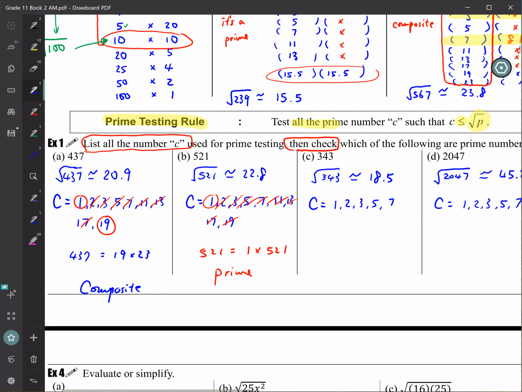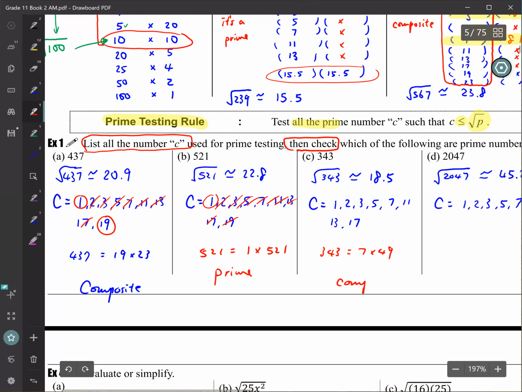For C, the prime numbers up to 18 will be 11, 13 and 17, so not too many. Okay, Nathan, what did you find for C? How's the test? I got 7 times 49. So 343 can be 7 times 49. What's your conclusion? It's composite.